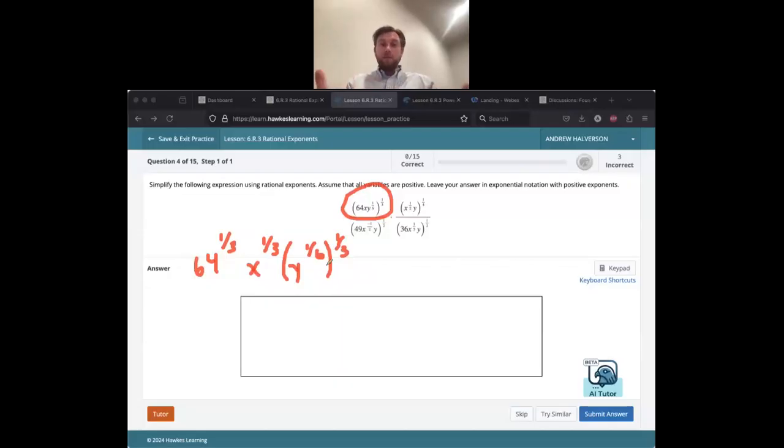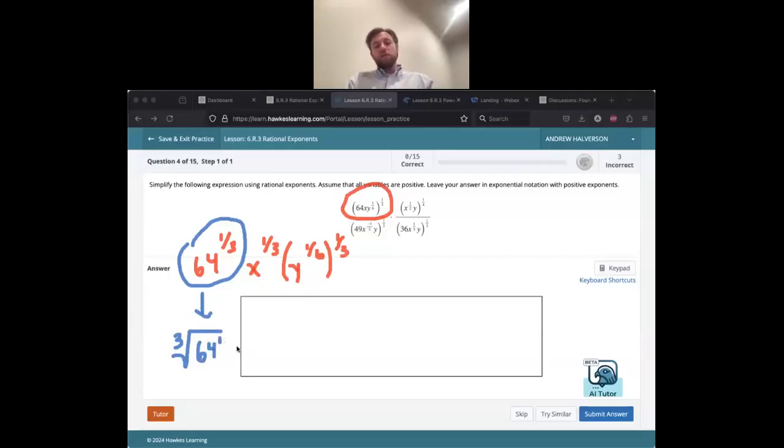Because now what do we do? Well, we simplify as best we can. This thing here we can simplify. 64 to the 1/3 power. How does that convert into a radical? It becomes the cube root of 64 to the first power.